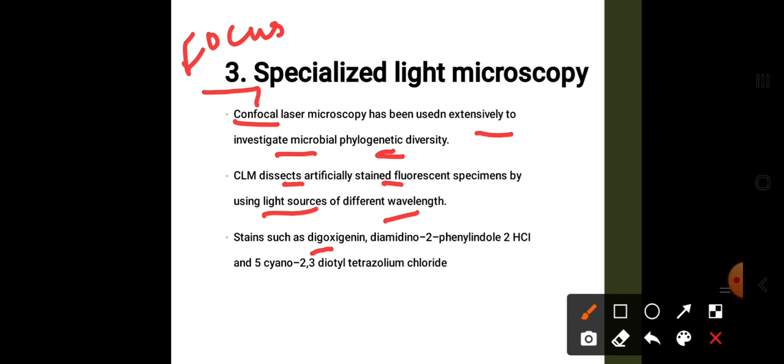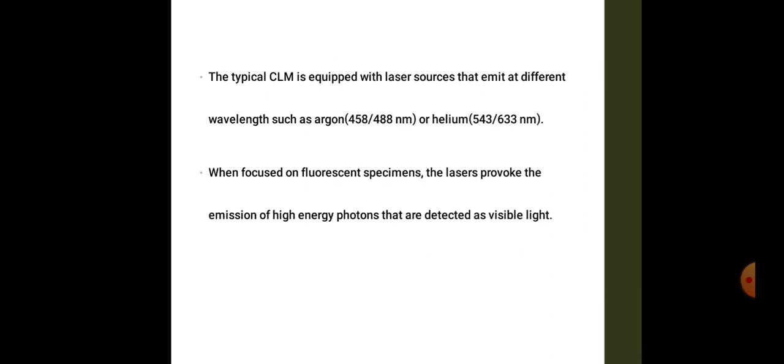Fluorescent microscopy is also involved in this specialized light microscopy.